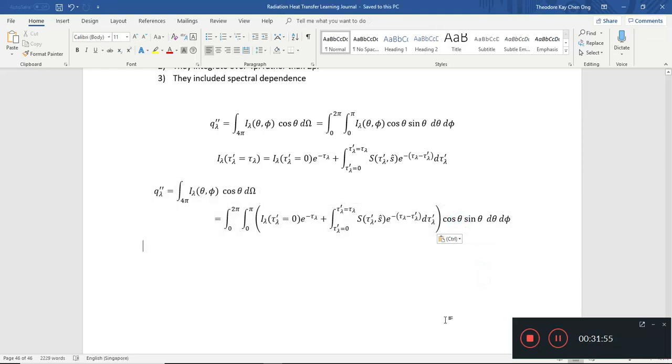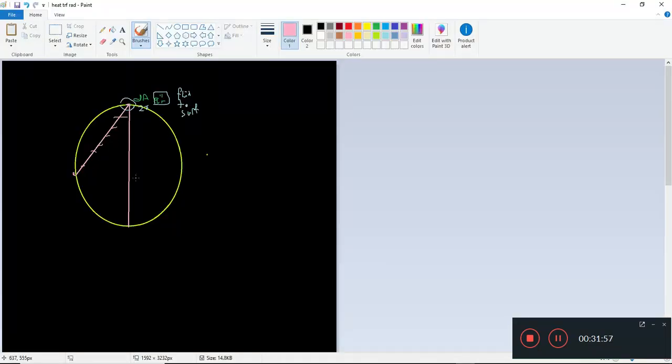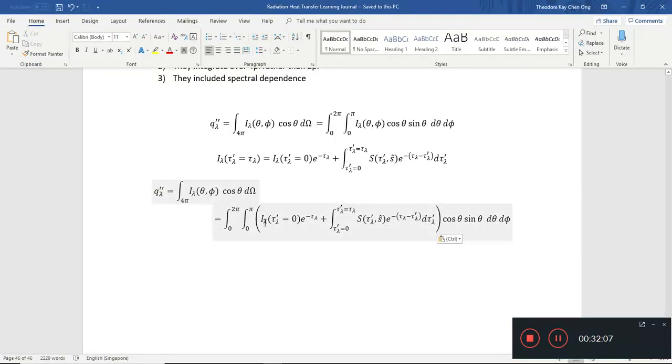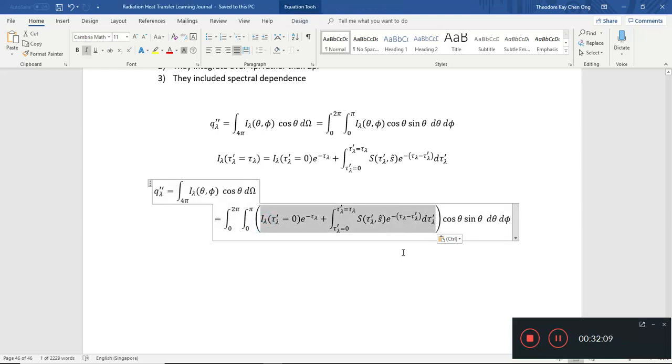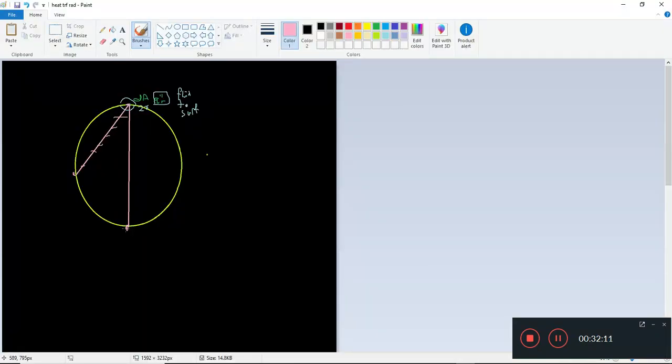But what we're actually doing is pretty simple fundamentally, in the physical sense, once you draw out all the diagrams. This integral is the contribution from the start, and then you take all the contributions of the medium.